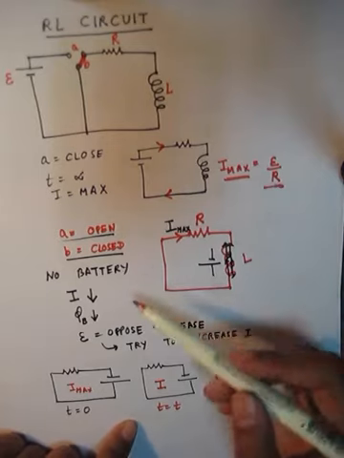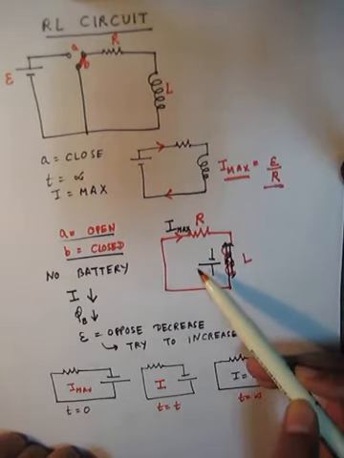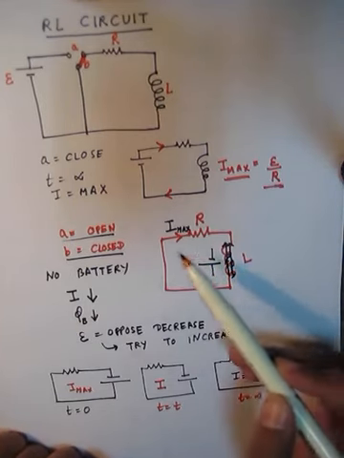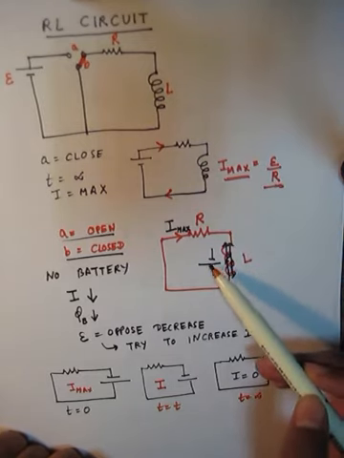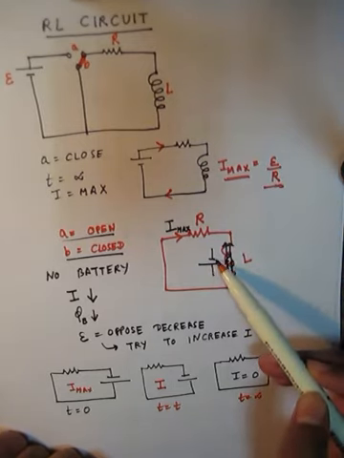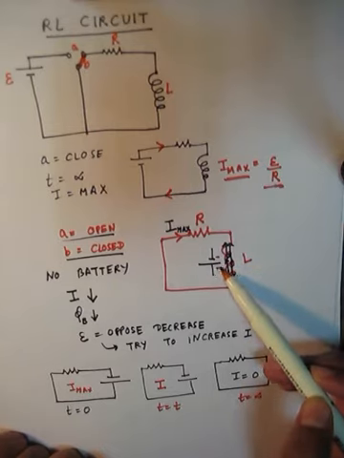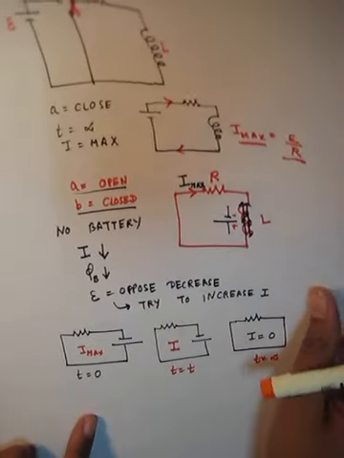If I have to repeat it again, the current is flowing, but because there is no battery, the inductor will try to oppose this decrease, so it will try to increase the current. So it will behave like a battery having minus on this side and plus on this side.